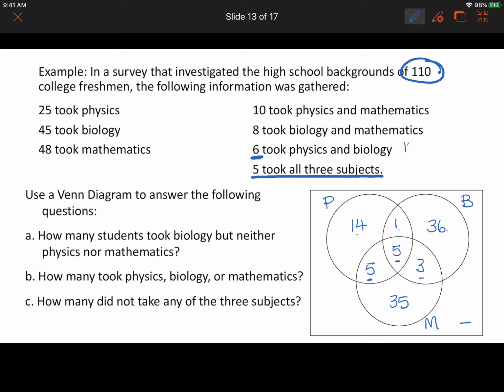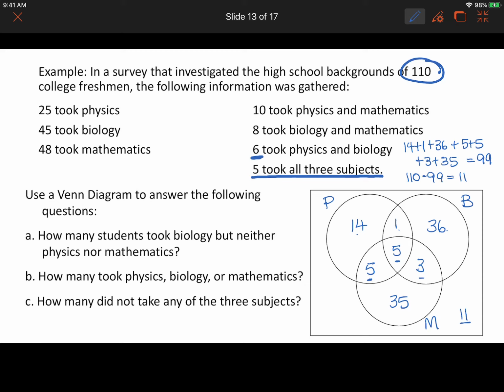I have 14 plus 1 plus 36 plus 5 plus 5 plus 3 plus 35, and that's going to give me 99 total students accounted for in the circles. And so the total students outside the circles is going to be 110 minus 99, or 11. So there are 11 students outside here.